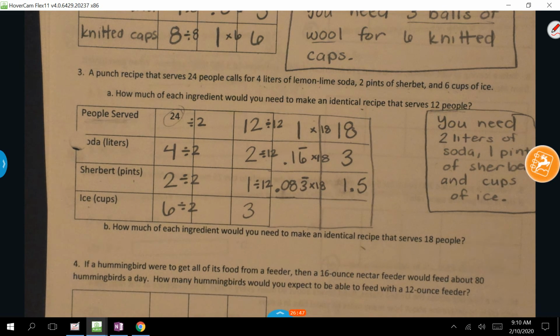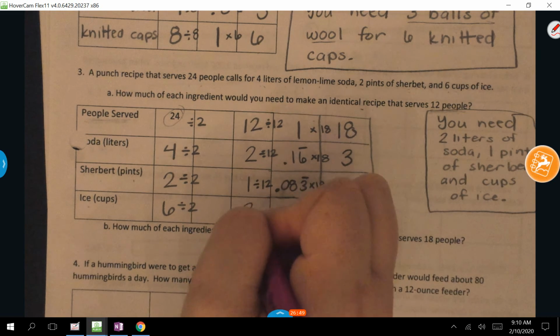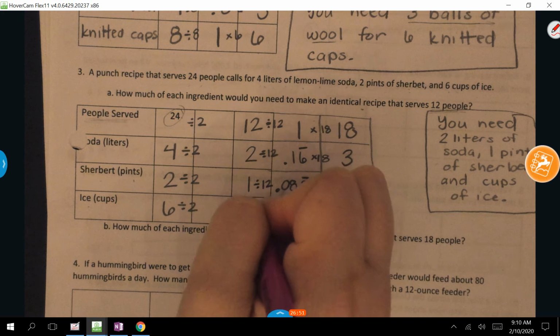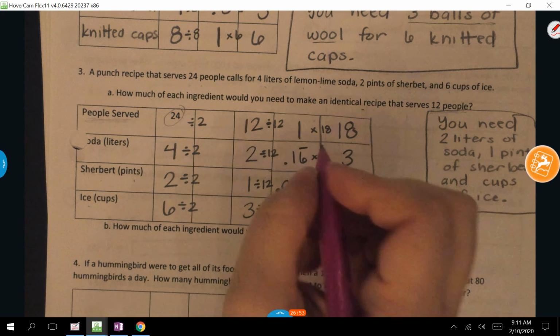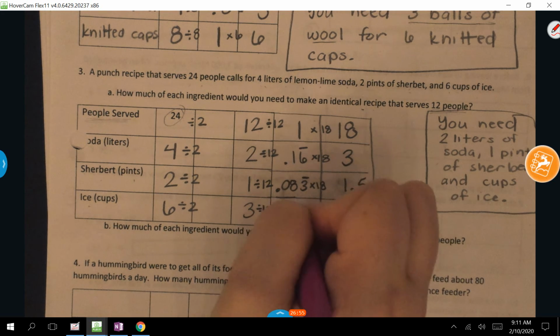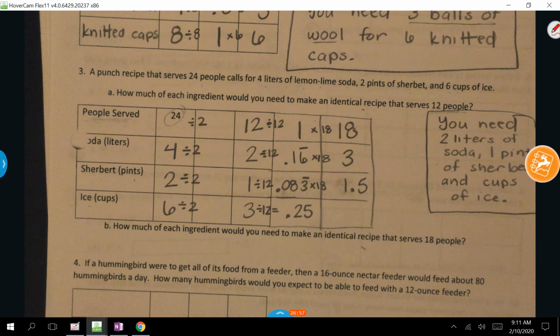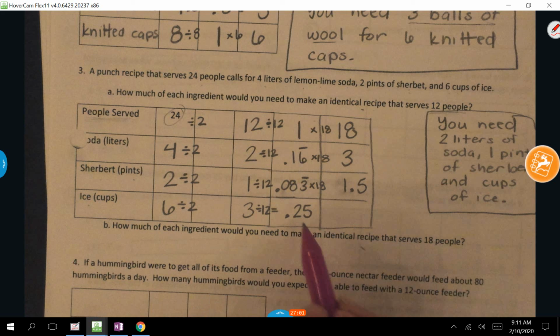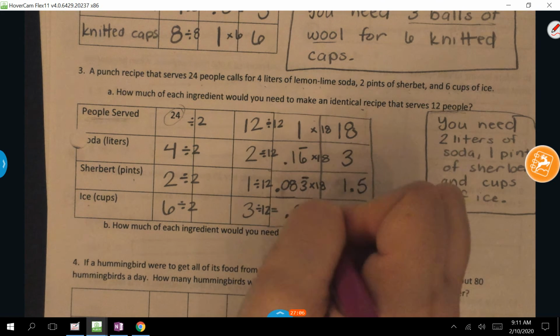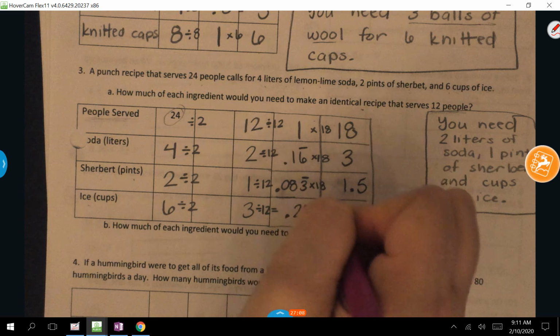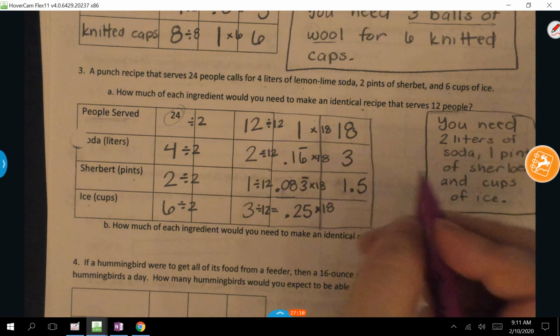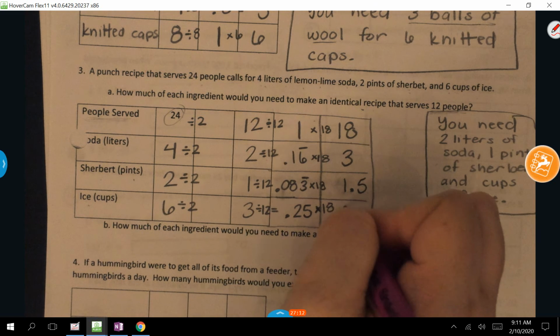All right, so let's do this last one. We're dividing it by 12. 3 divided by 12. This one should give me 0.25 because I know that fraction is 3/12, which is the same as 1/4, which I know the decimal of. Hopefully remember those decimals. And then we're going to do times 18. And what's that going to give me, Kayla? 4.5.